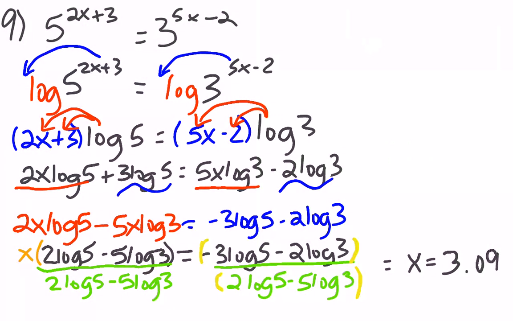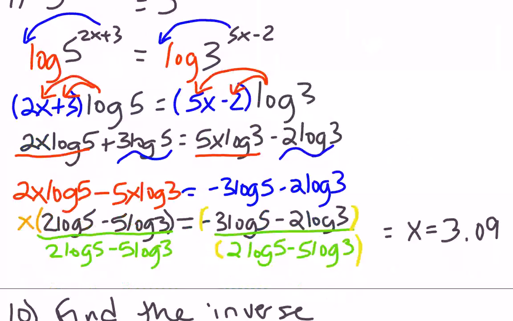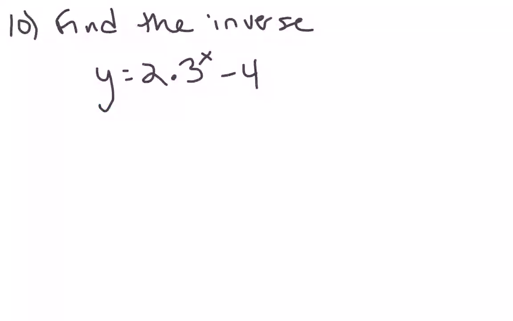Okay, the last thing we need to talk about is finding inverses of logs. Don't you know it's coming back? Y'all are great at this point. The first step of finding an inverse is to switch x and y. So we're going to do that. Switch x and y. Now what we need to do is, just like when we're solving, we need to get the base by itself.